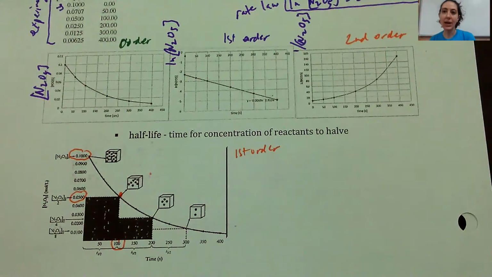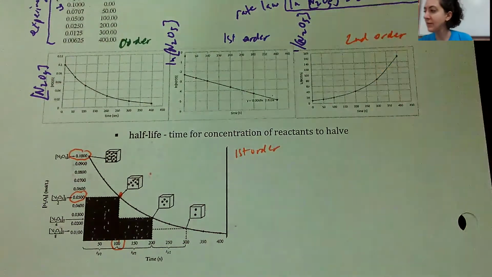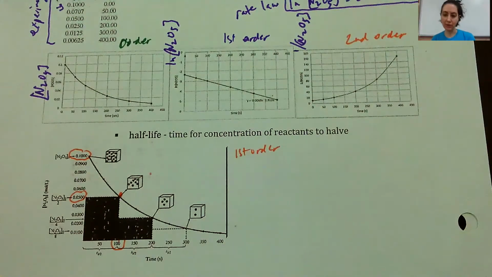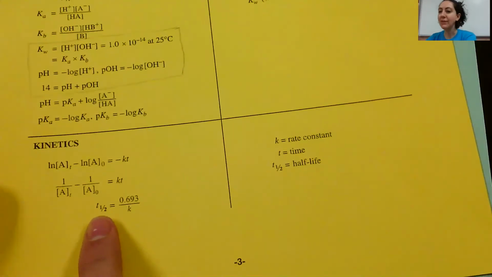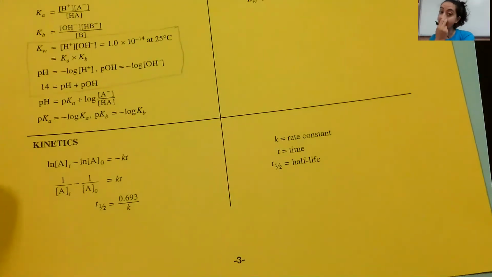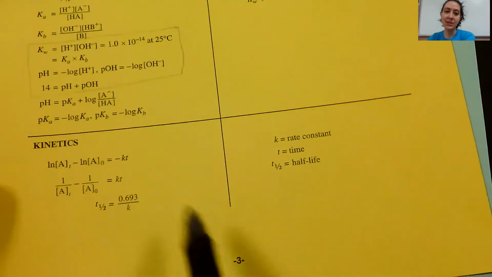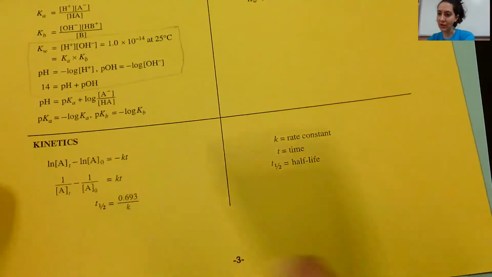complicated. What you all have to know about half-life is that even if you don't have this graph, if you have some other information, you can figure it out. There's an equation on your sheet, this one right here, T1/2, that means half-life. If this is a first order reactant, then you can use this equation.